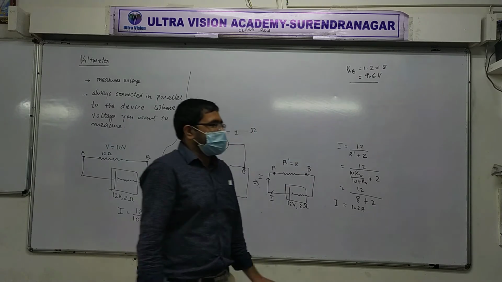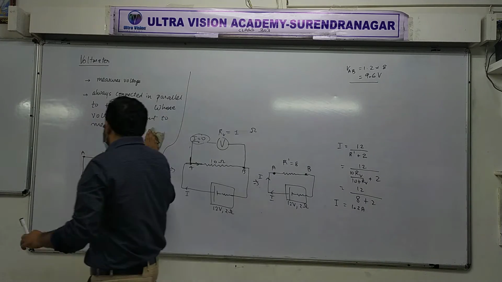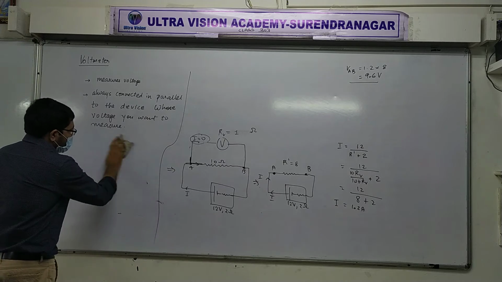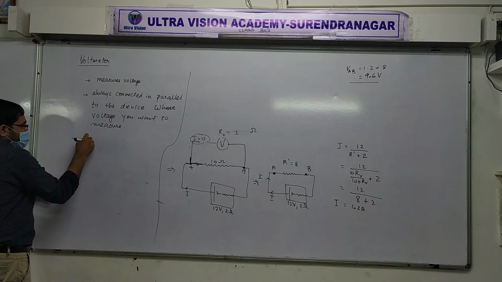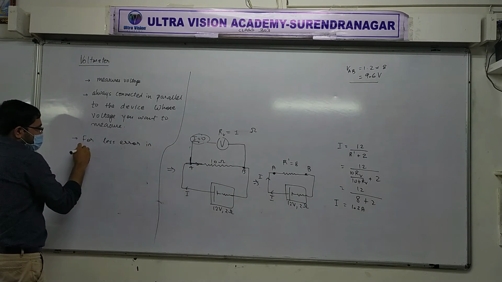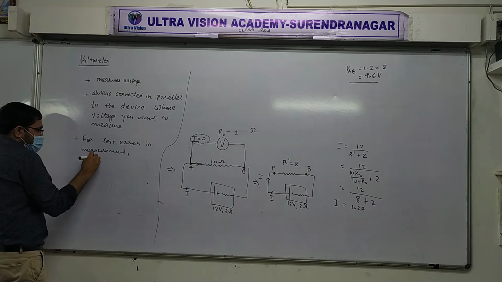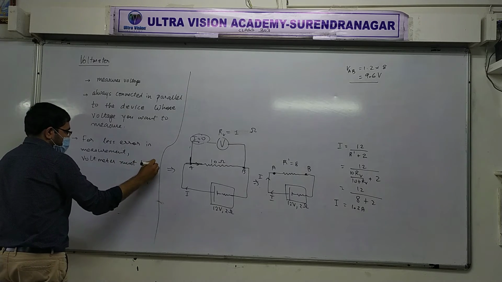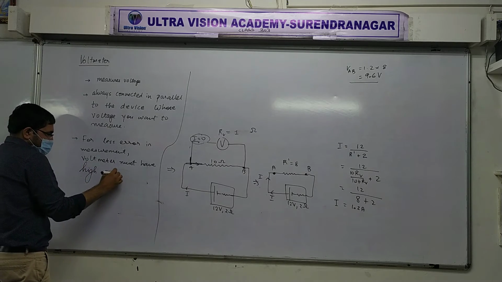Okay, so let's write down the same thing. Here for the ammeter it is 1, but the opposite way. I mean, it has the opposite meaning. For less error in measurement, the voltmeter must have what? High resistance or low resistance? High resistance. Is that okay?